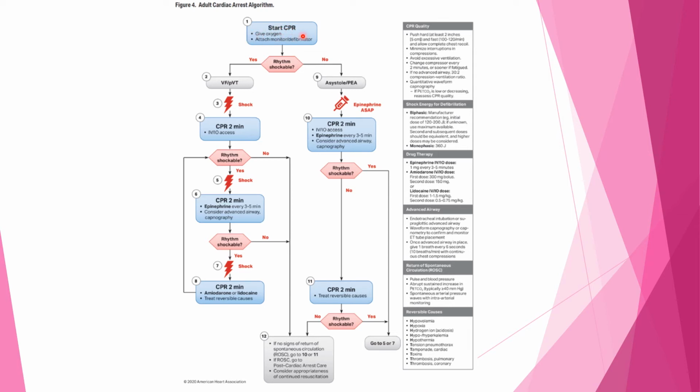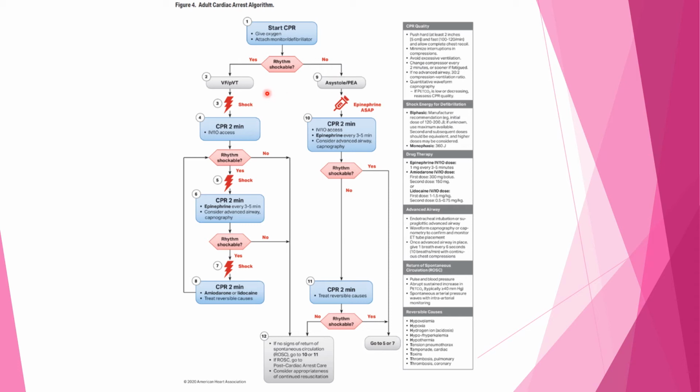Give oxygen, attach the patient to the monitor defibrillator. Then I will look at the monitor. As I said, I will divide the rhythm into two groups. Shockable rhythm, I will go through this pathway here. If non-shockable rhythm, I will go through this pathway.